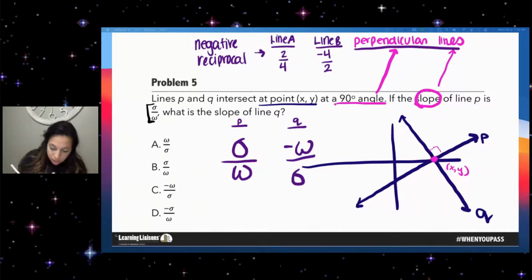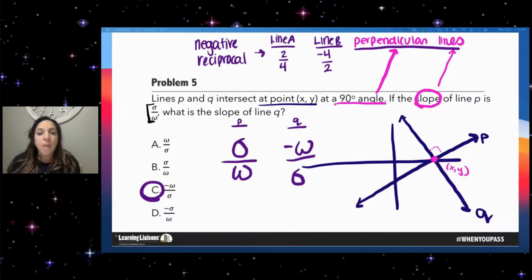That's all they're asking us to do. This problem should take you 10 seconds. You should be able to read this problem, know the relationship of perpendicular lines, and immediately see it. There's nothing to solve here.